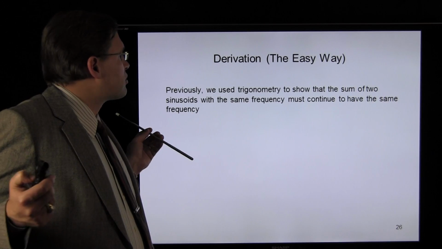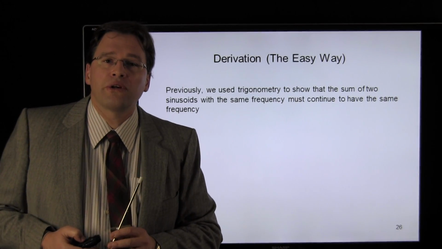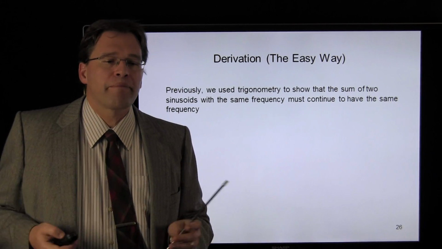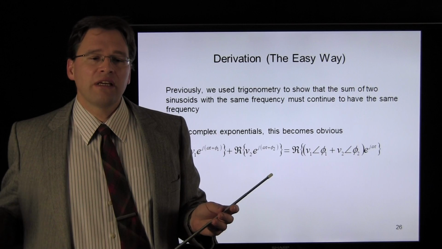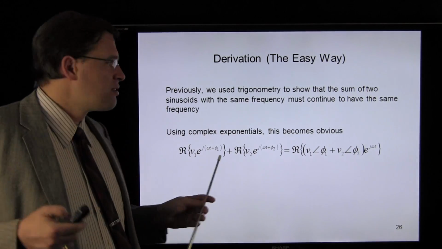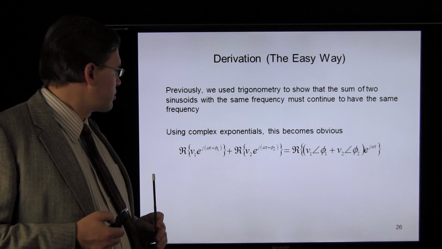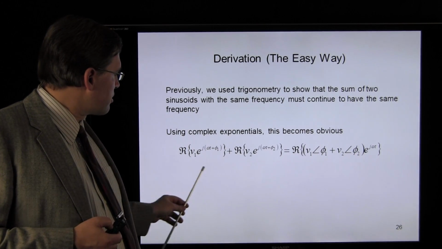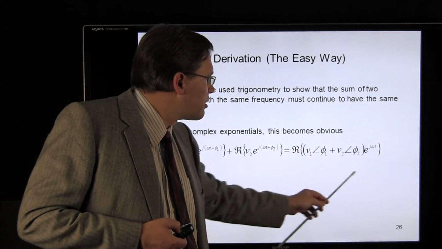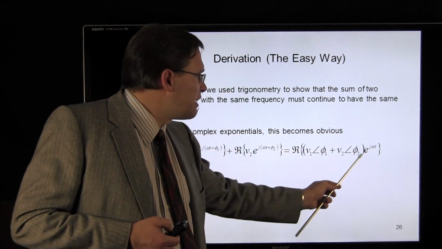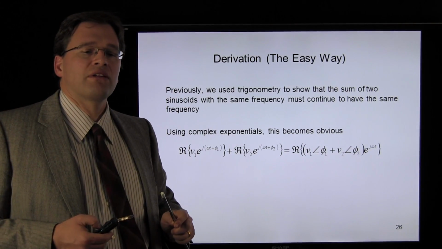Previously we used trigonometry to show that the sum of 2 sinusoids with the same frequency was something that had the same frequency. Now we're using complex exponentials. So we see that the real part of this plus the real part of that is the real part of e to the j omega t with the sum of the 2 phasors.